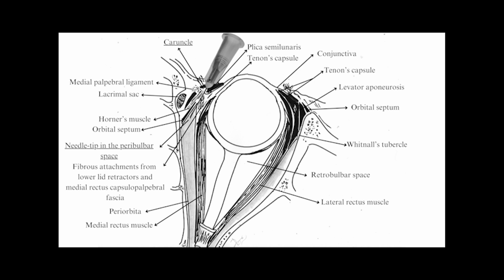The caruncle has extensive attachment to the lower lid retractors, the medial rectus capsulopalpebral fascia, the medial check ligament, and the Horner's muscle. It is separated from the bulbar conjunctiva by the plica semilunaris.